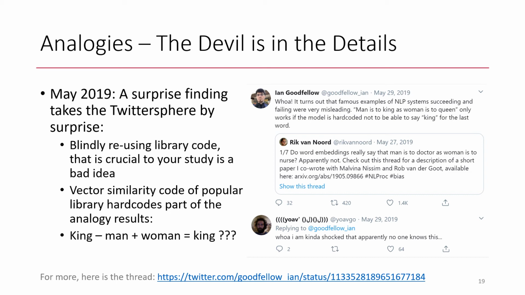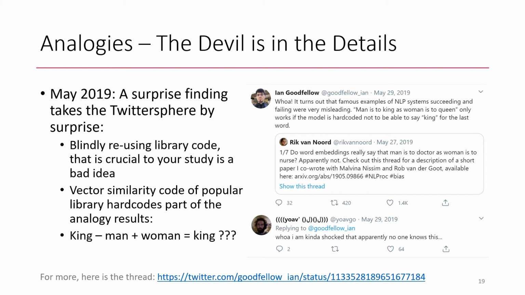But he is a very NLP person, and he is kind of shocked that no one knew this, which is fun. Because of course, if you work with the library, you might know it. But if you don't look at the code, you could easily mistake it, which becomes a problem when you want to show bias in the word embedding and you kind of hard-code the correct answer out of the analogy.